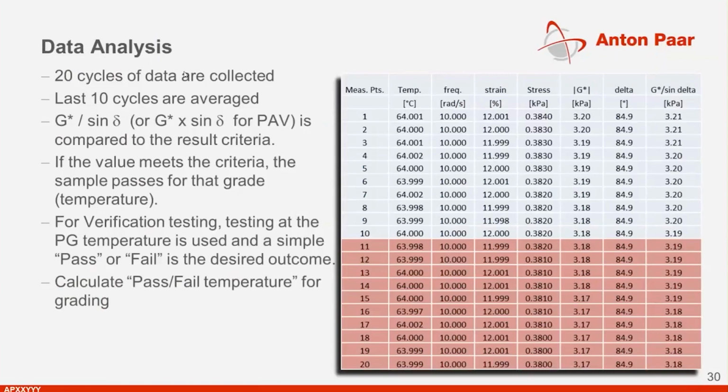The first 10 points are to ensure a homogeneous sample behavior. And if the average value meets the criteria, the measured sample passes for that temperature. So far, that's for the grading method.